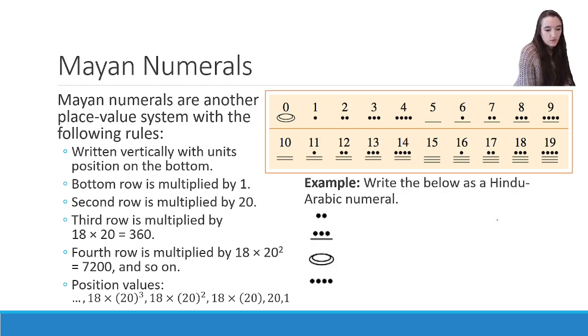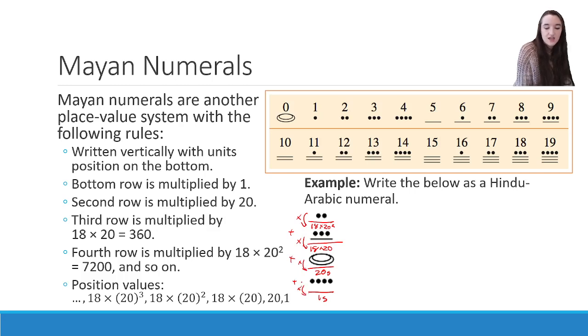So if we wanted to write this number below in Hindu-Arabic, we would start by noting the positions. So this is our ones position, our 20s position, our 18 times 20, our 18 times 20 squared, right? Those are our positions. And then we do the same thing where we multiply and then add, multiply, add, right?